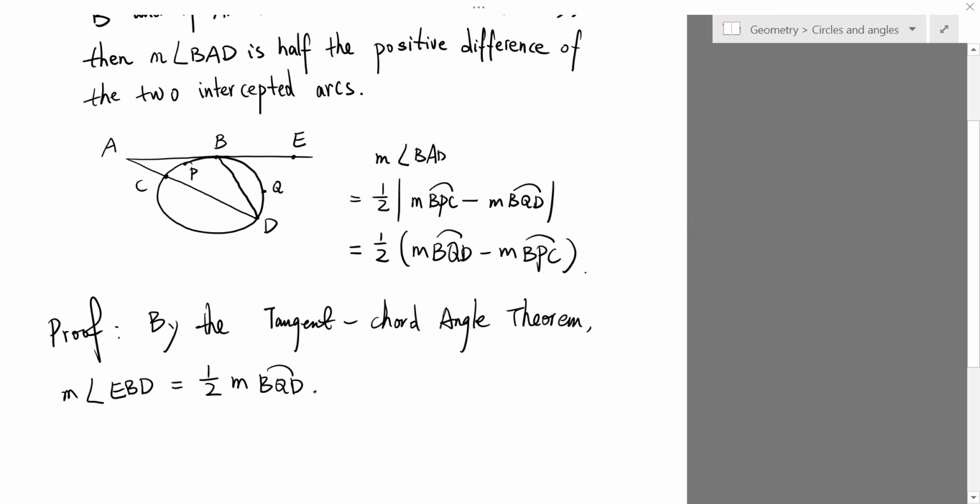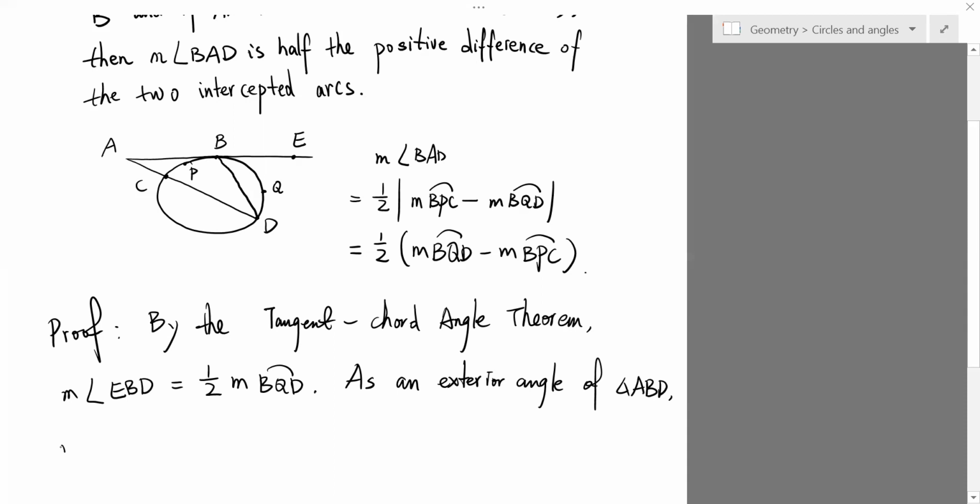And this is going to be useful in the sense that we observe that the angle EBD is in fact an exterior angle of the triangle BAD, as we have seen up there. Hence, we could make use of the following fact as an exterior angle of the triangle ABD.